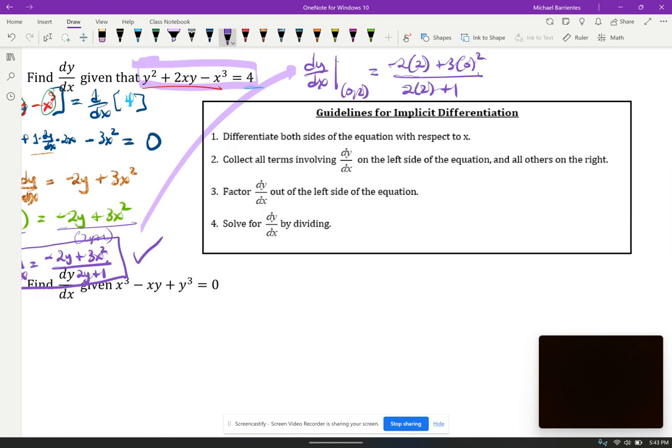And if I do the math here, this is going to go away because I'm multiplying by 0. So I'm left with negative 4 over, and then 2 times 2, 4 plus 1 is 5. My slope is negative 4 fifths.